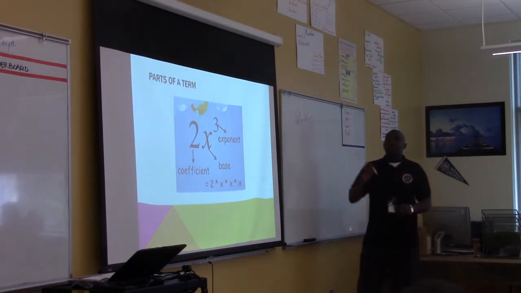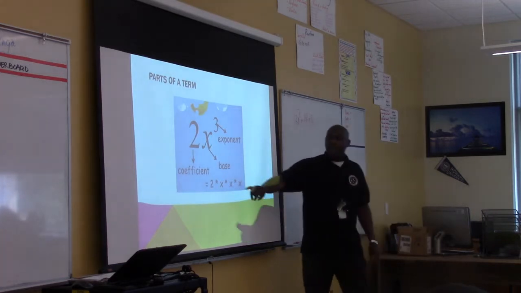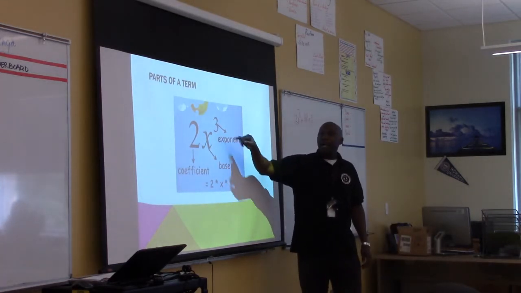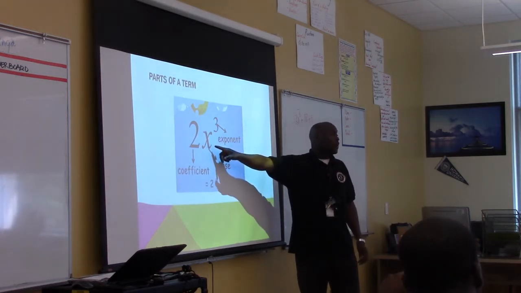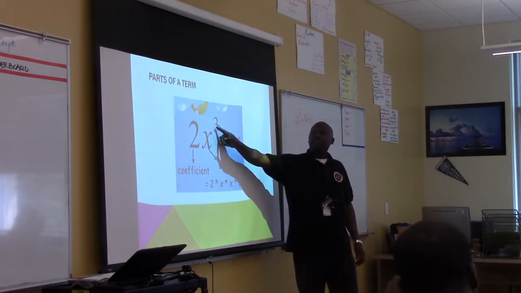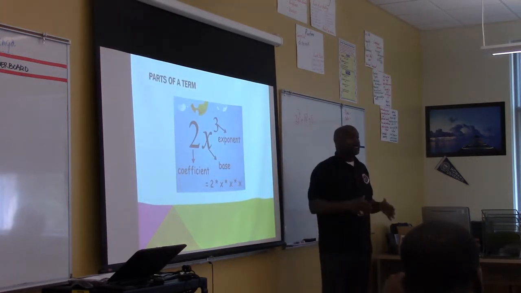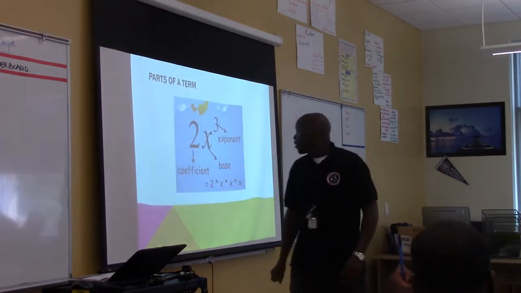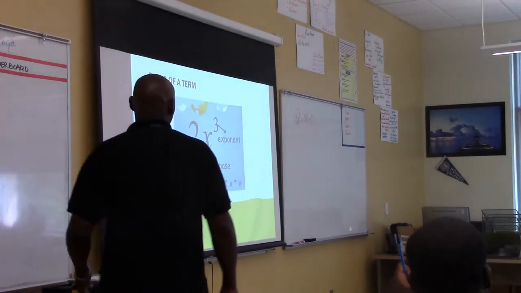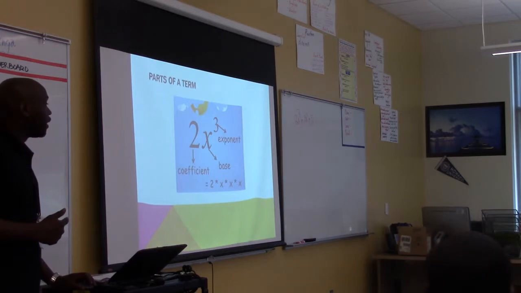So we have our coefficient, our base, and our exponent. Whenever we're dealing with exponents, it means we're multiplying our base by itself the number of times that the exponent expresses. Everybody got that? Alright, let's move on.